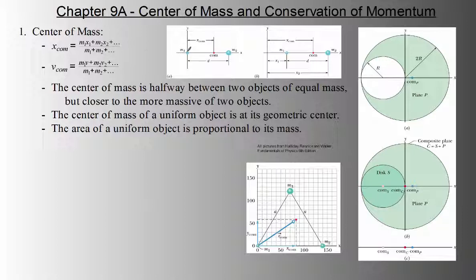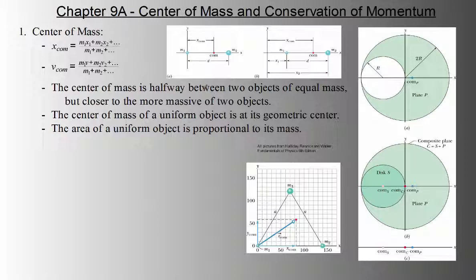So even though M1 has a position of 0, its mass still plays a role in the center of mass location. And these dot dot dots just mean that if there's more objects, you just keep going, like M3 times X3 added in the numerator and M3 added in the denominator. But in this picture, there's only 2 objects.